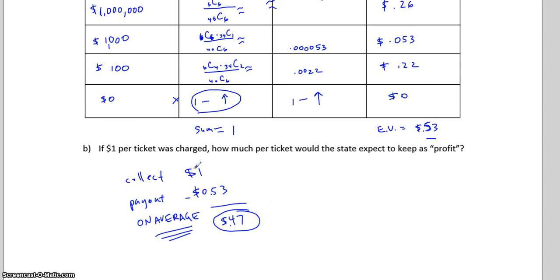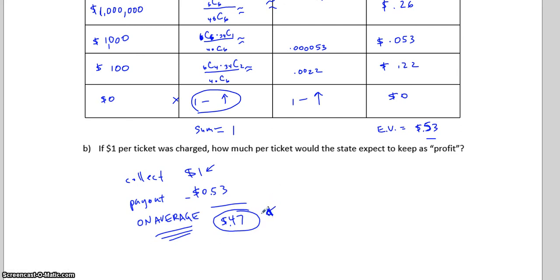And here we didn't have to do an expected value for the collection because it was $1 for everybody. So it was like a $1 collection times 100% for each person. I suppose you could have some sort of payment scheme that had some uncertainty in it as well, but in this case it's not. It's just a fixed dollar. Subtract our 53 cents, and hopefully the state would do this enough times.